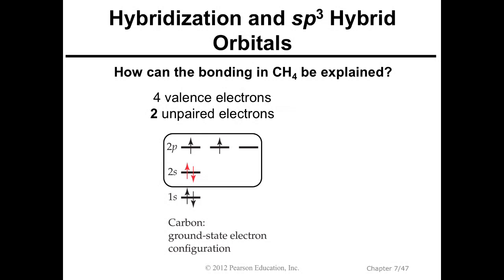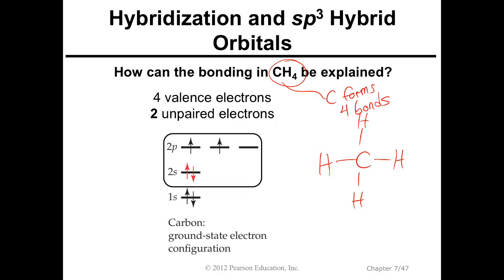All right, so let's talk about describing some of the bonding in molecules like CH4, or methane. This is implying that carbon forms 4 bonds. If we were to do the Lewis structure, it's this.